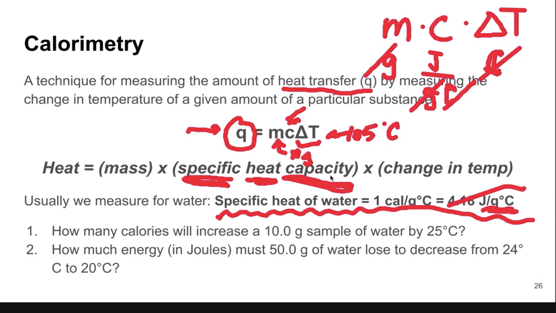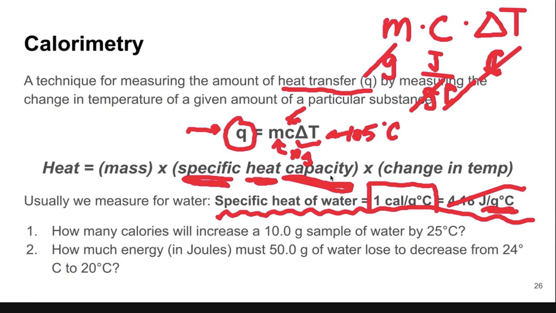Again, C, the specific heat capacity, is just some constant that we've measured that's specific to a substance. Water has a particularly high one. You might also notice that water has a specific heat capacity of 1 calorie per gram degree Celsius. We actually define what a calorie is based on this.